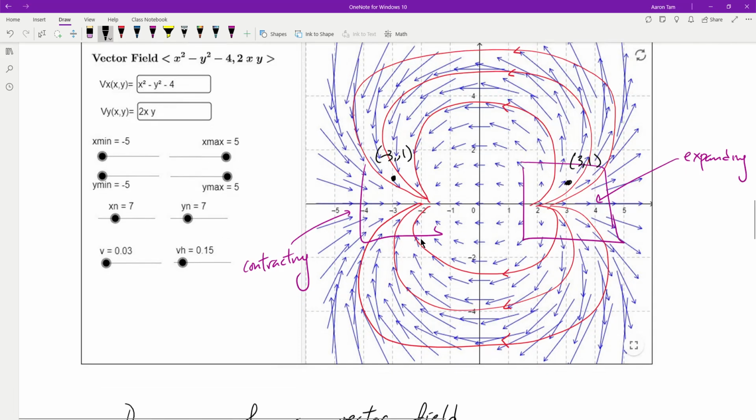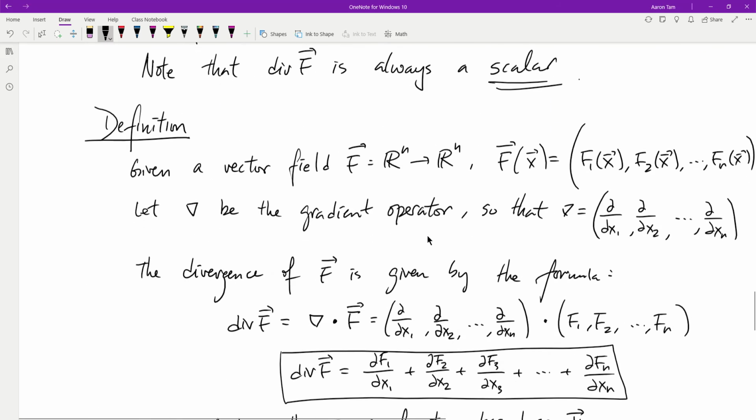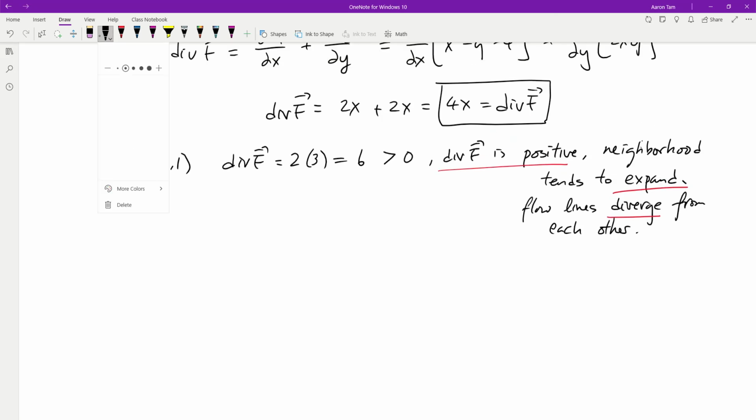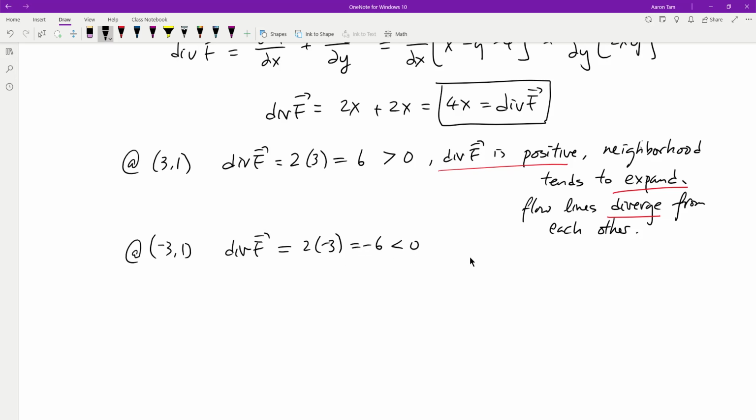And what happened to this point over here? Some of you can probably already guess that it's going to give a negative value because it's actually contracting, converging. So, on the flip side, at negative 3, 1, the divergence of f is equal to 2 times negative 3, which is negative 6, which is less than 0.